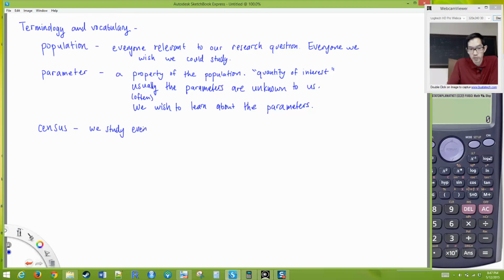Everyone. This is often very expensive and time-consuming, and sometimes not possible. Very time-consuming. Time is money, so that makes it very expensive.